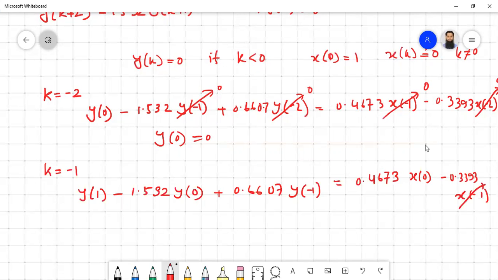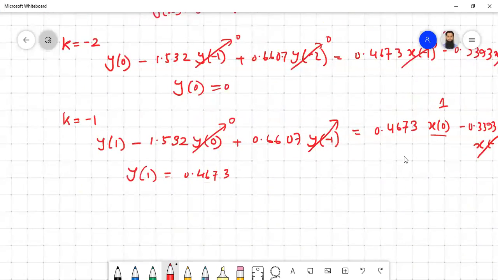So x(minus 1) is 0. This one has magnitude 1. This one is 0 because of the causal sequence. This one we just derived to be 0. So we can say that y(1) will be 0.4673.